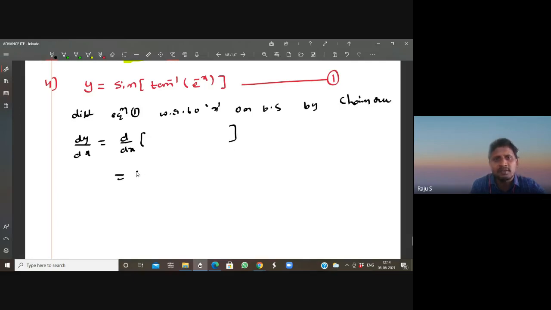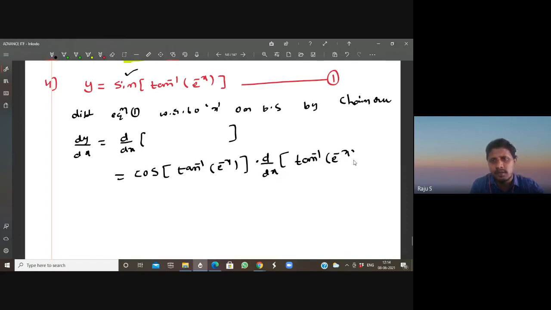Then d by dx of sine. First the derivative of sine becomes cos. Sine becomes cos, remaining function as it is. Okay, sine derivative completed. Next what? Tan inverse. Next we need to differentiate tan inverse, so d by dx of tan inverse e to the power of minus x.